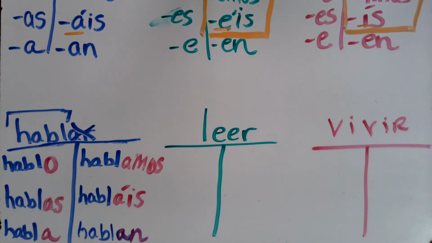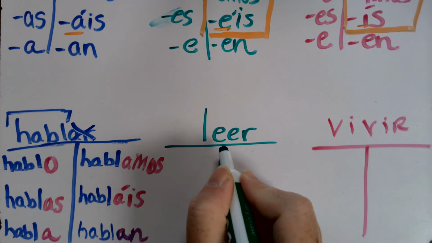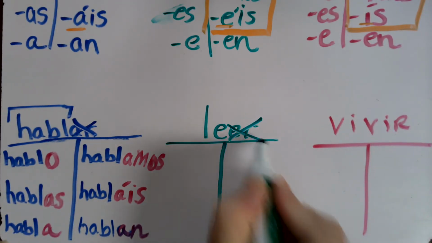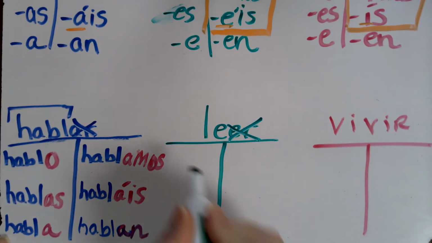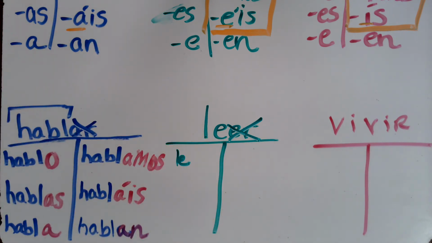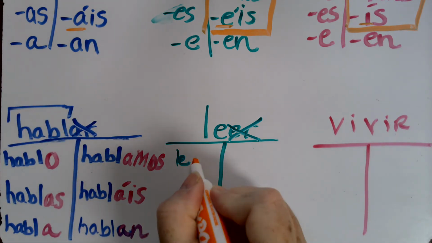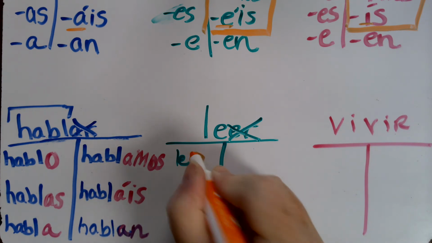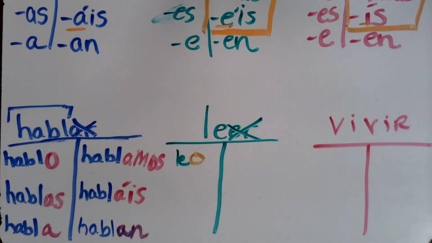Okay. For leer, which is an ER verb, I'm going to do the exact same thing. The first step is to drop off that ER, take my stem, and check my yo ending. That's going to be an o. So leer, to read, is yo leo.